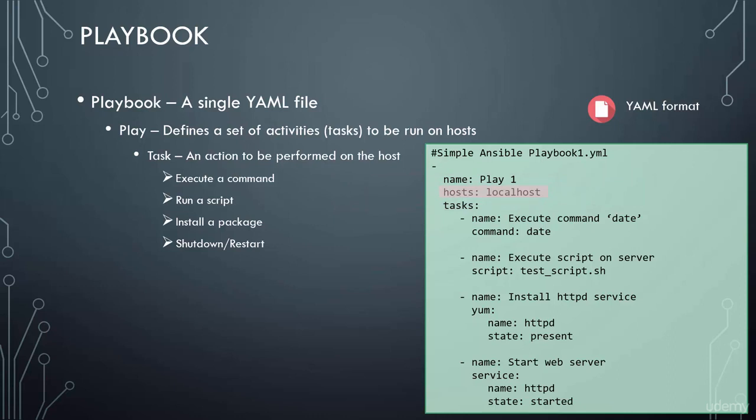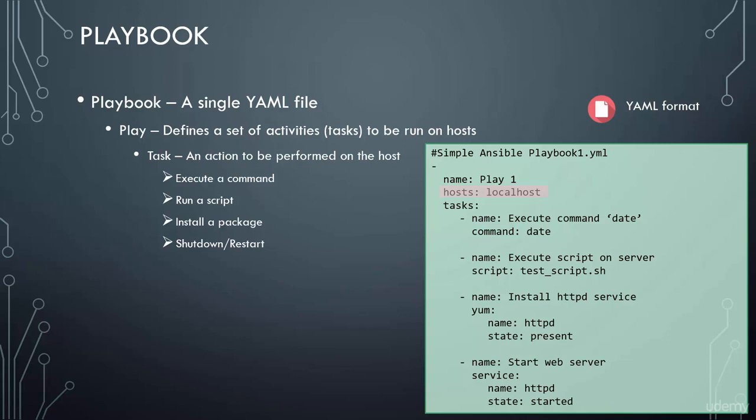In this case, we just want to test on the local host, which is why it is set to localhost. This could be anything from your inventory file. So basically, a play is what defines what action you want to do on what hosts. All the tasks listed under this particular play will be executed against those hosts, and those hosts could be any number of hosts, or in this case, it's just the local host.